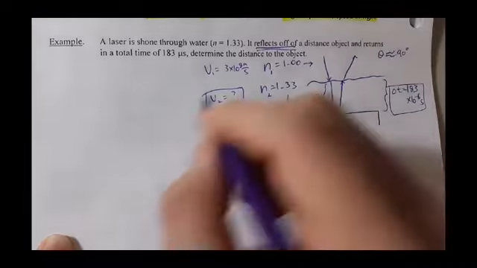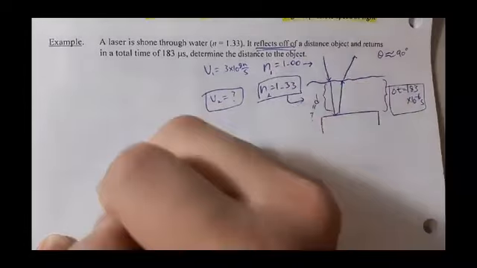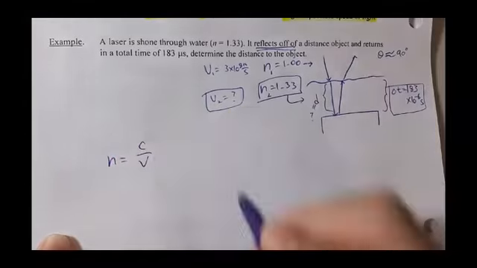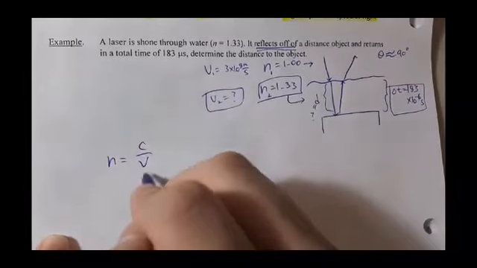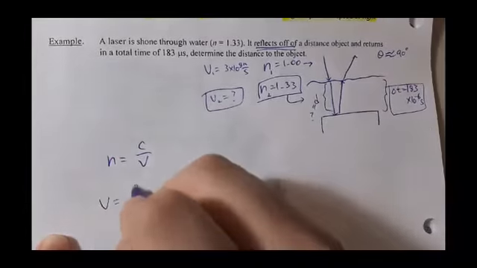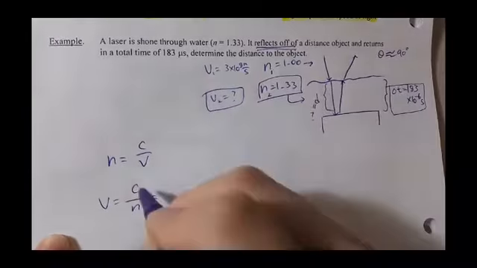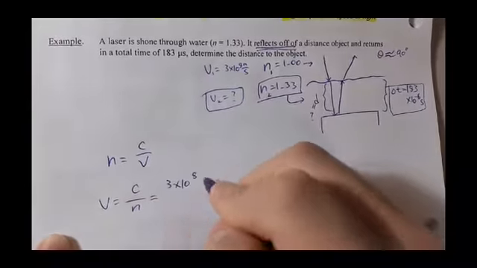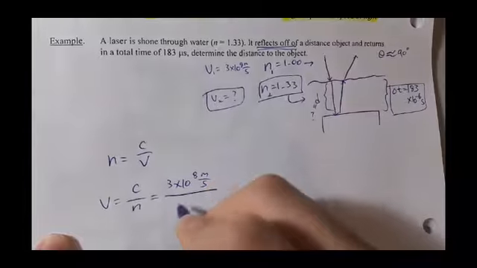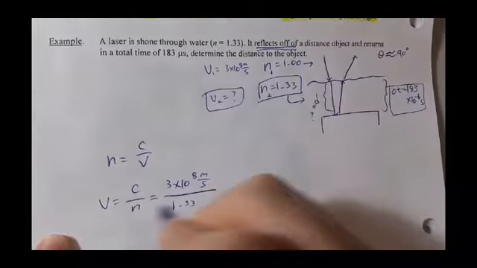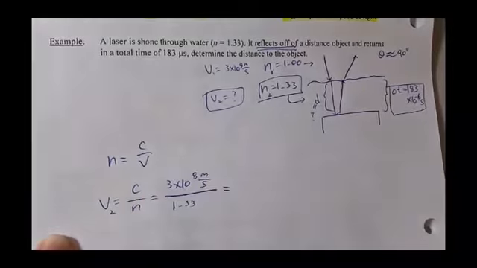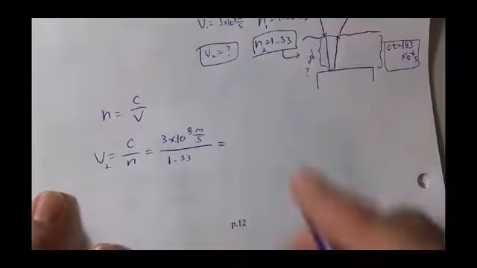So let's talk about our index first. Our n is equal to c over v. If I isolate for v, v is equal to c over n, and c is the speed of light, 3.00 × 10^8 meters per second, and n was 1.33. We are talking about the water, so we're finding v2.